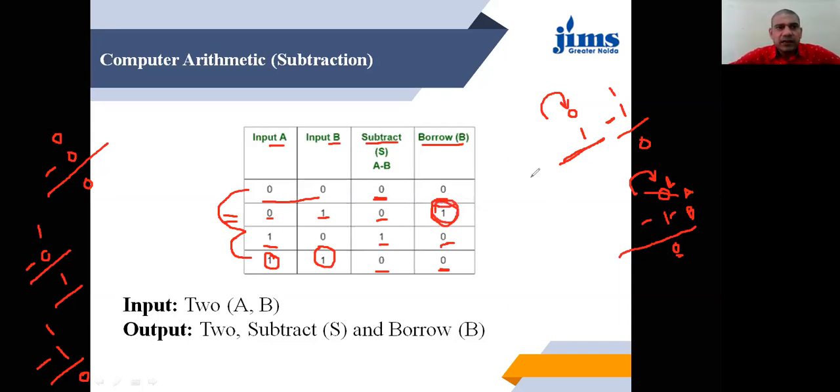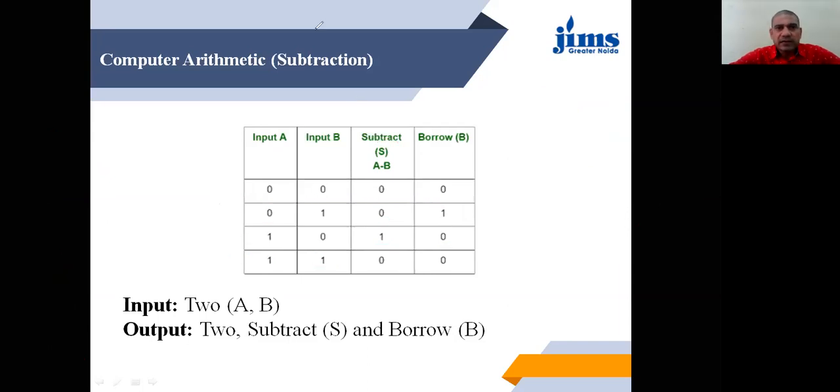Over here, we are trying to understand the operation of addition and subtraction in case of binary. We discussed these two at the time when we studied the adders and subtractors also.